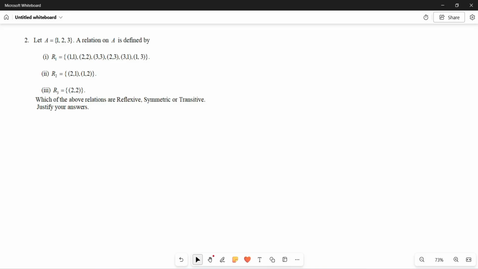I will write here, reflexive. What do you mean by reflexive? Reflexive means every element is related to itself. Now they have given a set A equals {1, 2, 3}.